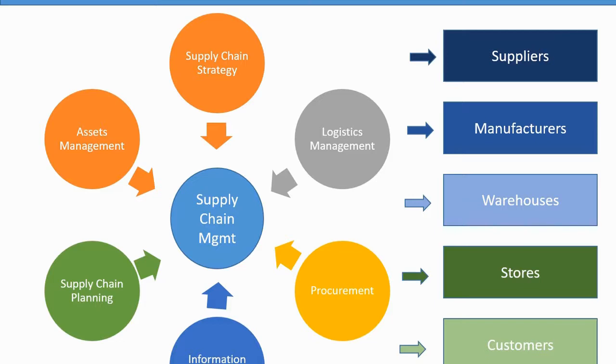Your warehouses, again, if you want to be fast to market, you'll locate your warehouses and stores in a place close to those end customers, and then your customers themselves. You have to understand what their needs are and be able to plan for whatever their future requirements are. So it's a very integrated process.